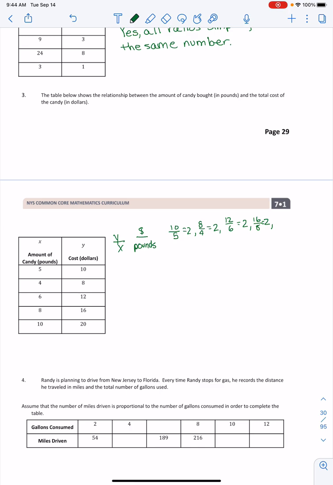And we have 20 over 10, which also equals 2. So in this case, yes, all ratios simplify to the same number.